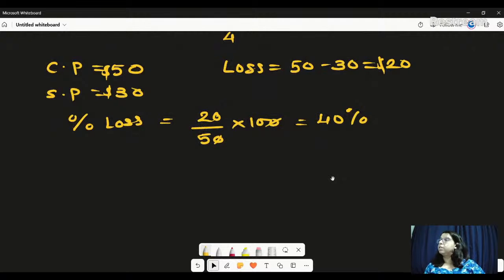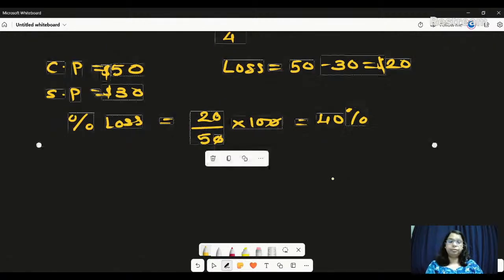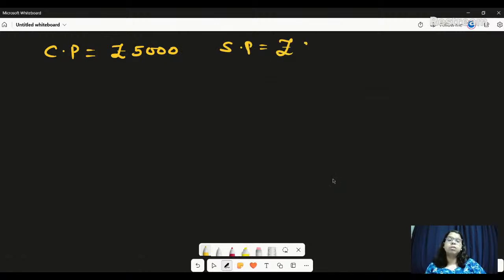Next one: John bought a car for 5,000 pounds and then sold it for 6,250 pounds. Did he have a loss or profit, and what was the percentage? So his CP was 5,000 pounds and his SP was 6,250 pounds. He had a profit because his SP is greater than his CP.